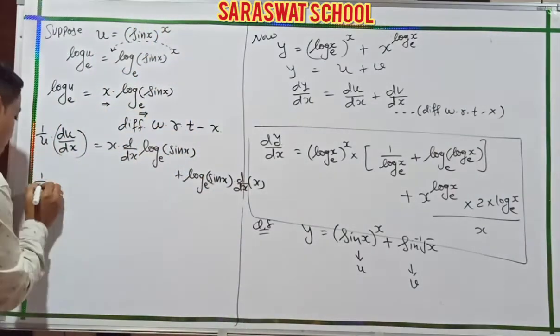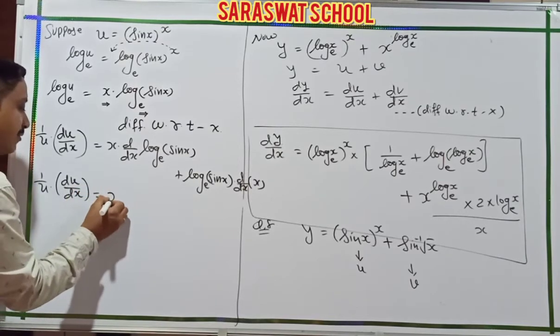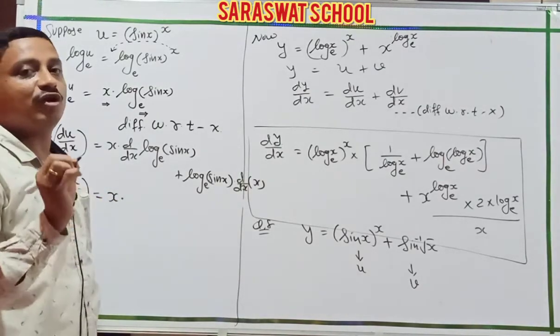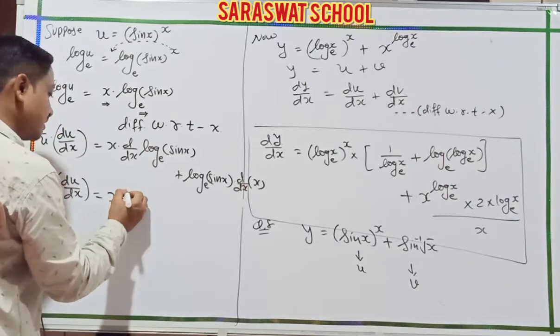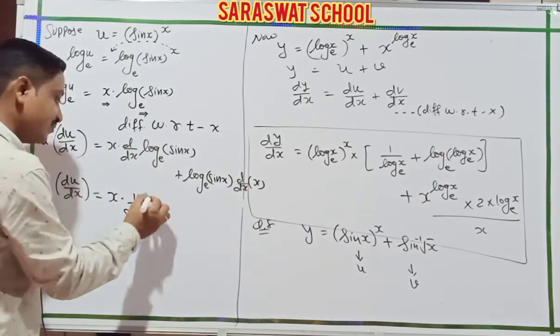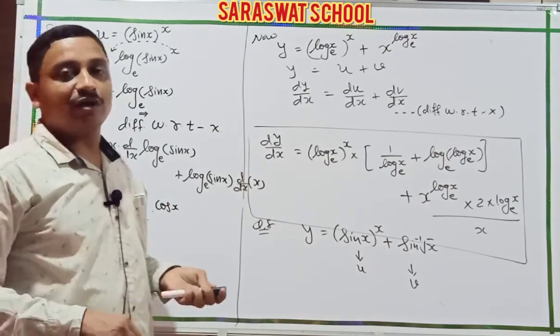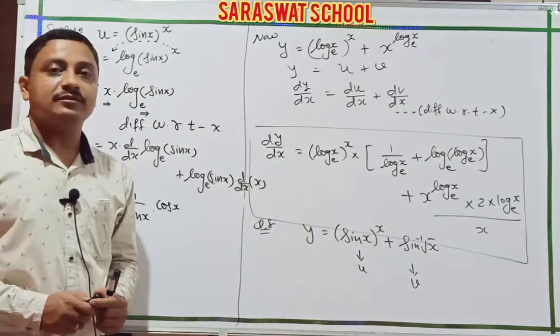So 1 by u du by dx, same. Now here start the actual formula. Log derivative first, 1 by sine. Now the sine derivative, yes, it is cos x, and this answer, one part, is done.